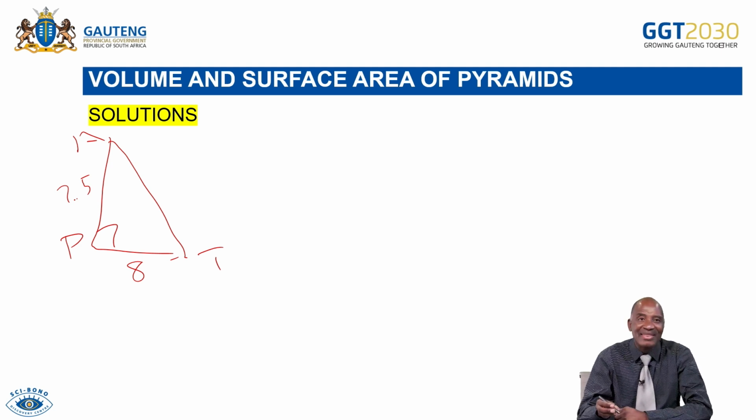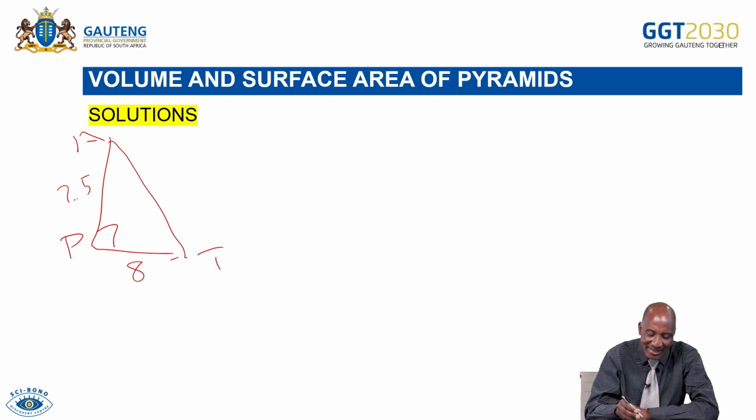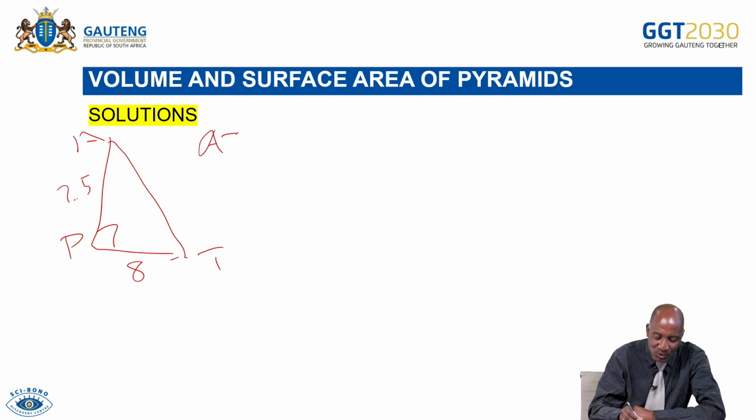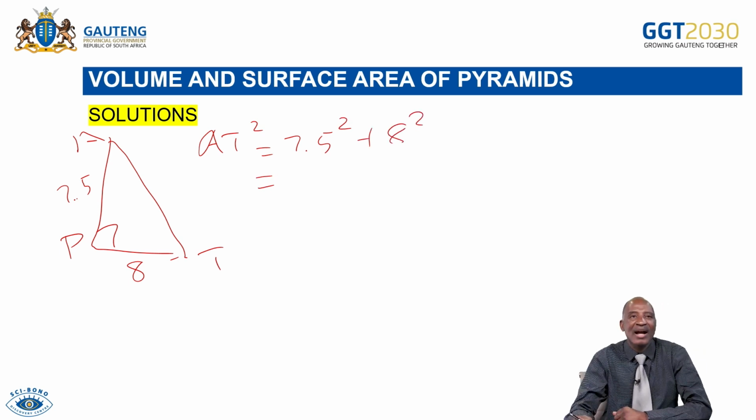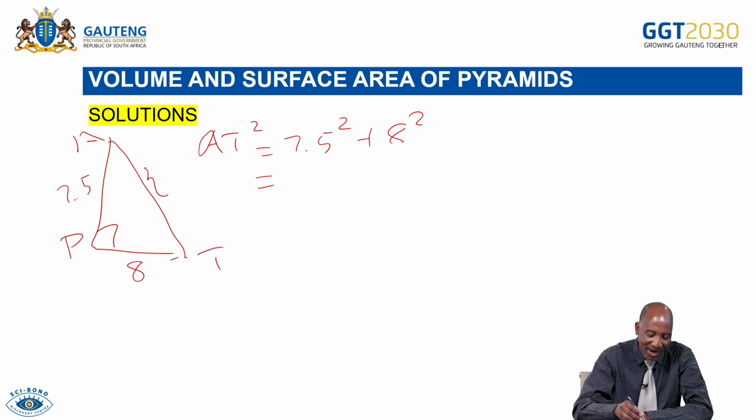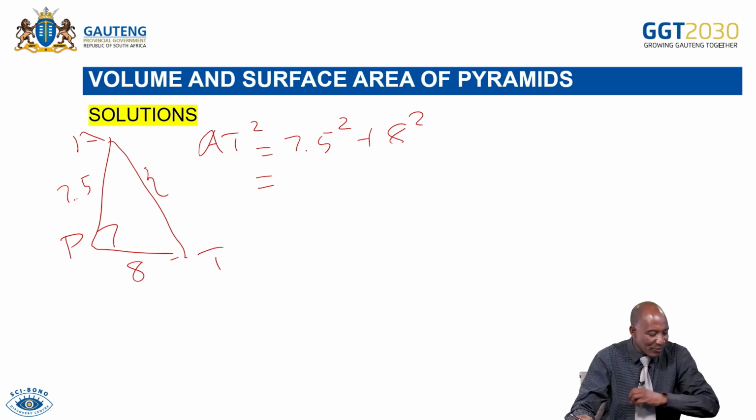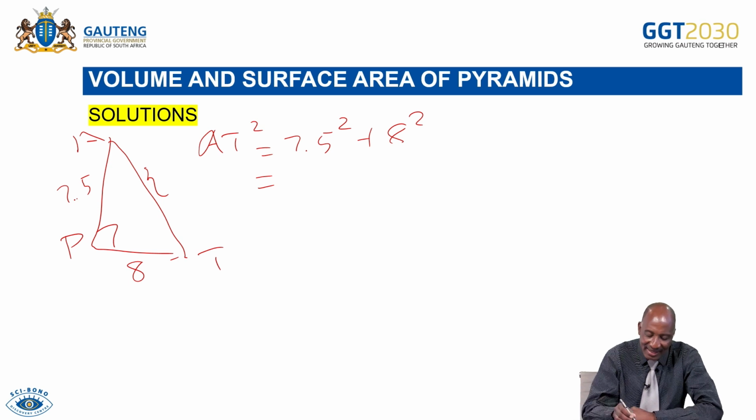Then we apply Pythagoras theorem to find the length of AT. So our AT squared is equal to 7.5 squared added to 8 squared, which gives us our hypotenuse. We'll call this our L or AT, still fine. Therefore, simplifying this will give us AT squared.